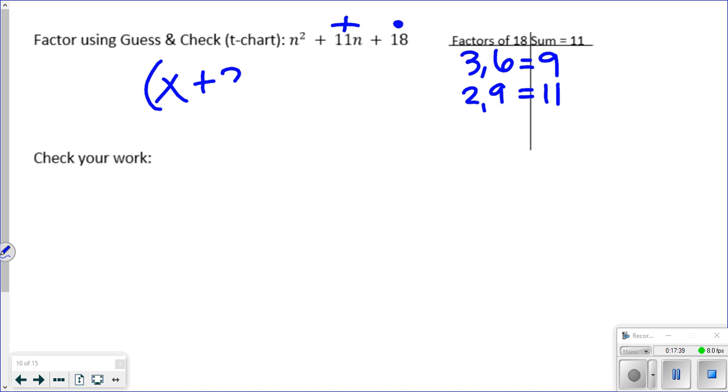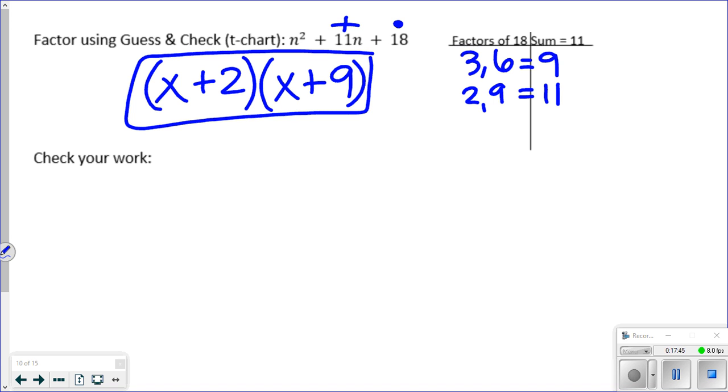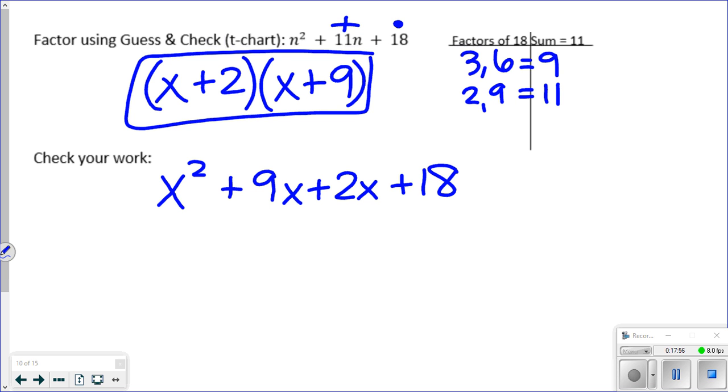So x plus 2, x plus 9. And how do we check our work? First, outside, inside, last. Or you could also use the box method to check your work if you would like.